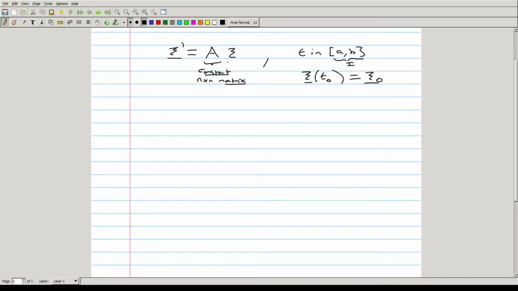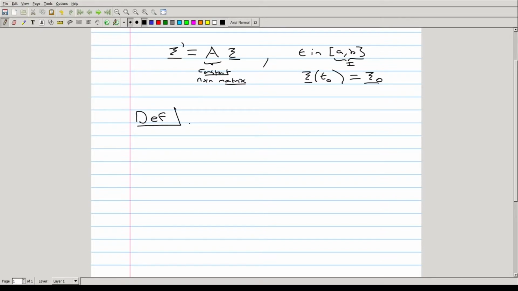So what we will see is that solutions of this type of system of first order ODEs are very, very closely linked and dependent on the eigenvalues and eigenvectors of the matrix A. So this is a little bit of a review from linear algebra.